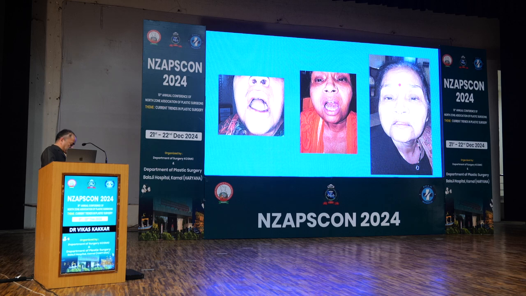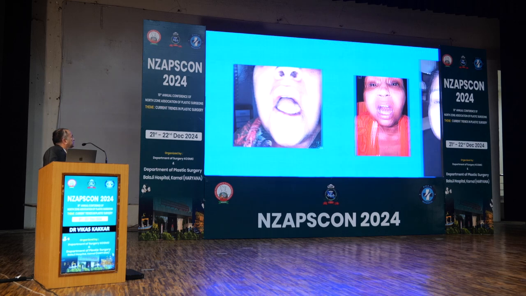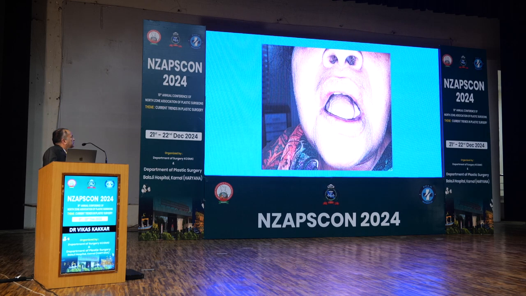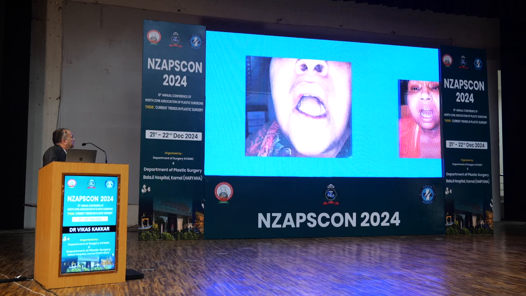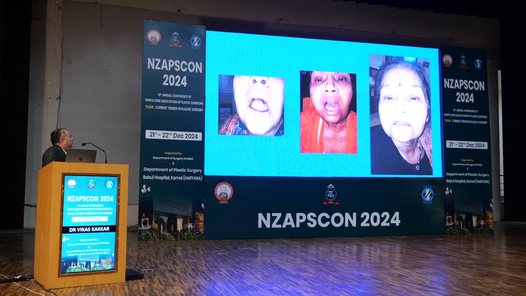This patient had near total tongue reconstruction, after radiotherapy.